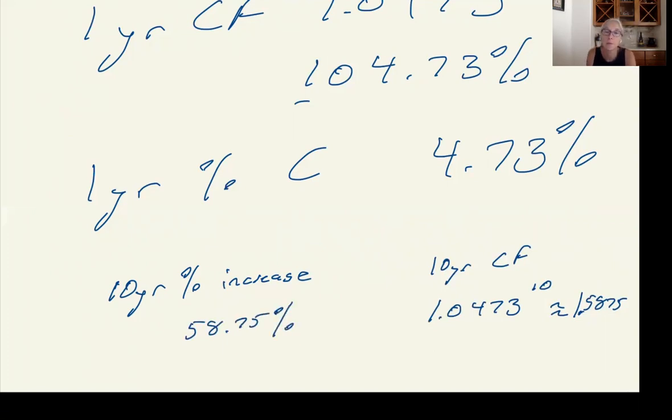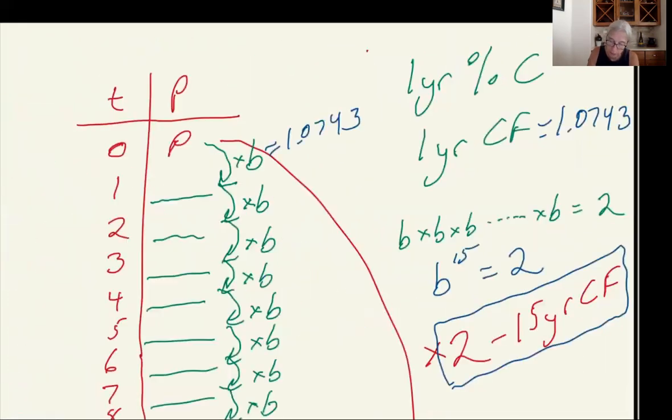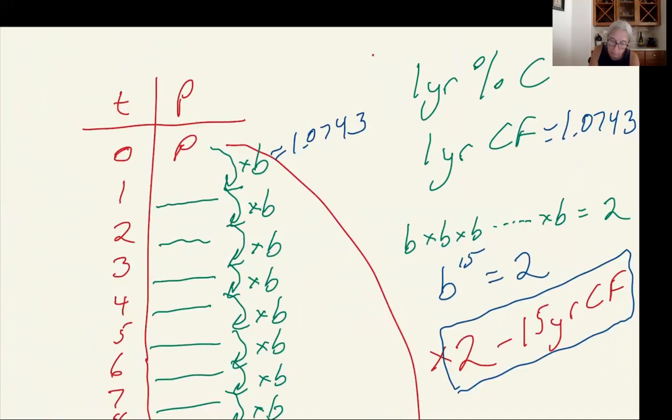Notice that's not double 26. Because we're increasing and our increase is always calculated by the previous output, as that previous output grows, the amount that's getting added on is also growing. So the rate of change is increasing, even though this multiplier is a constant.